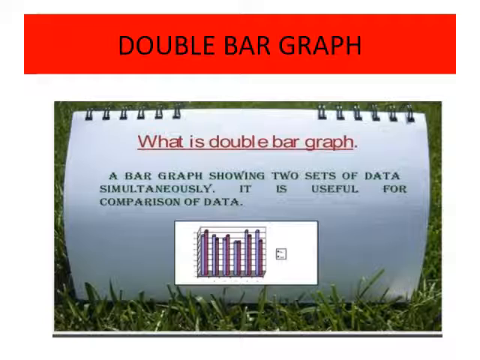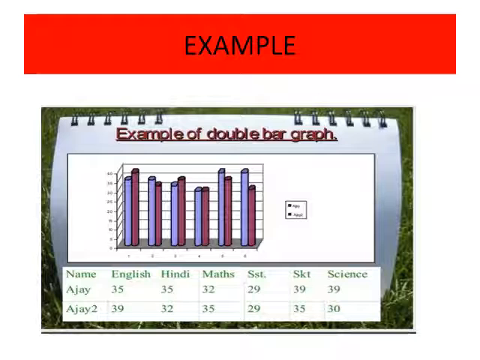You can see a double bar graph here. Children, now let me explain you a double bar graph by taking this example. You all will observe the data given here carefully.